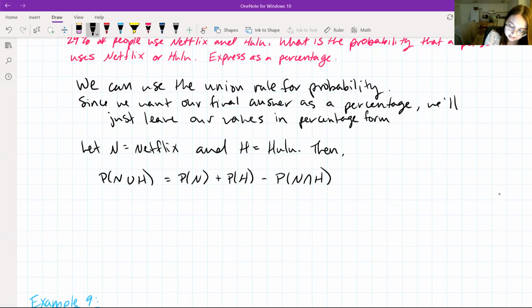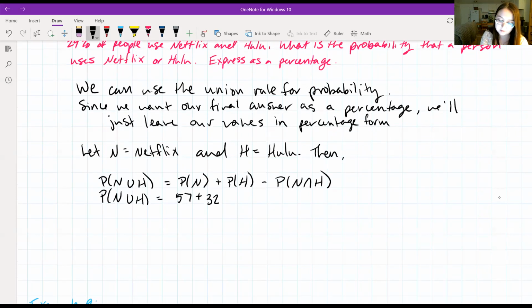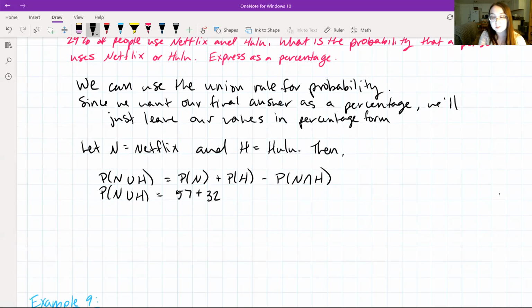We say that the probability of people using Netflix or Hulu is going to be equal to the probability of people using Netflix, which is 57, plus the probability of people using Hulu, which is 32, minus the probability of people using both, which is minus 29.